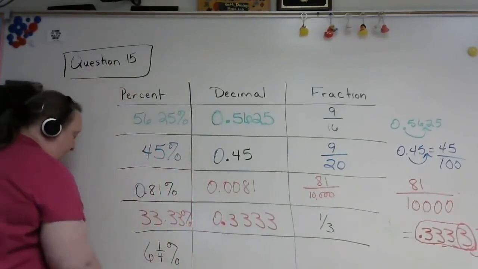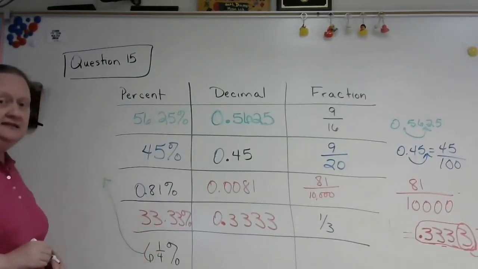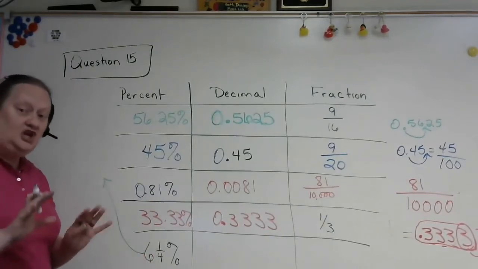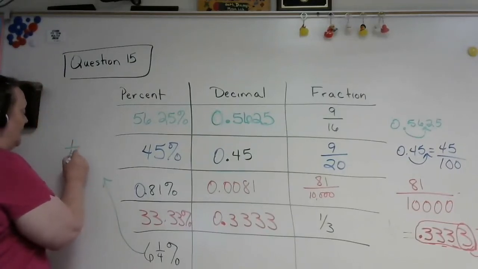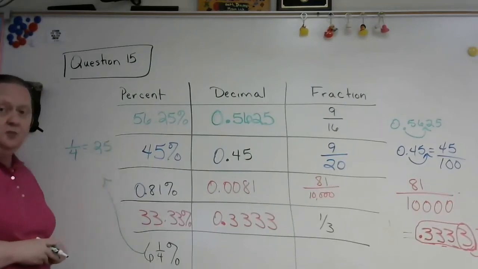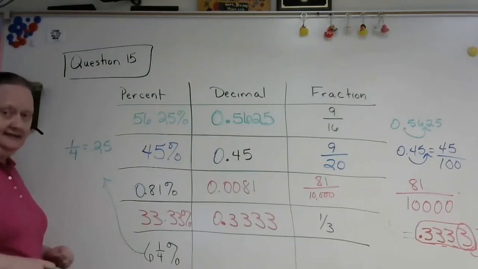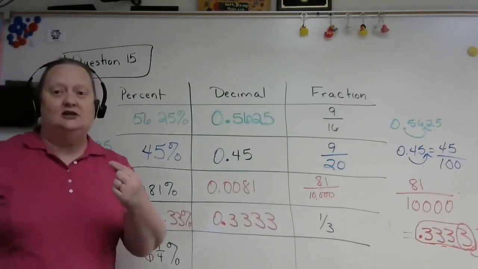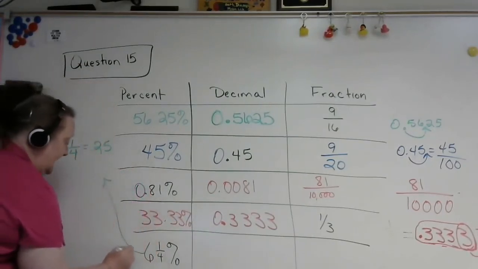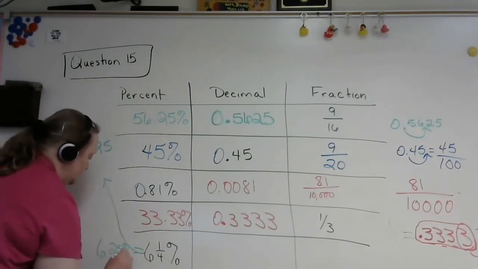So I'm going to take just the 1/4, not the 6 1/4, and we'll do 1 divided by 4 on the calculator, and that's going to give me 0.25. That then gets added to the 6 because it's 6 plus 1/4. So this is the same as 6.25%.